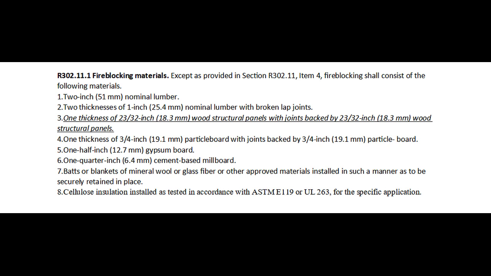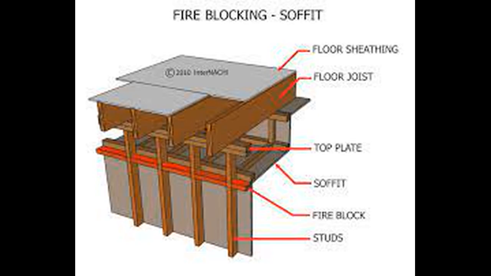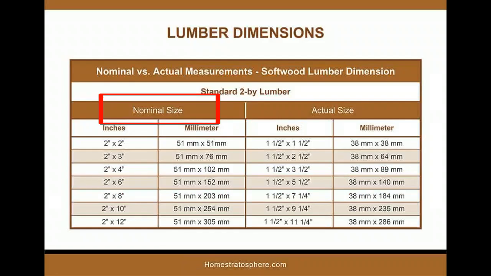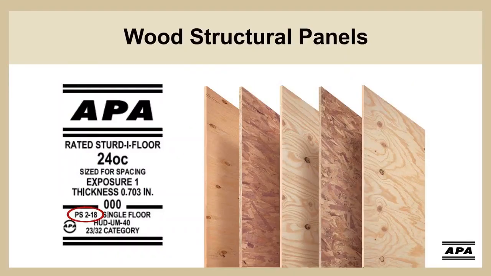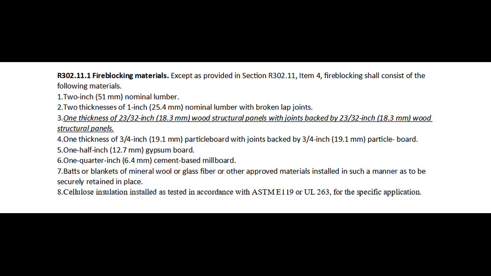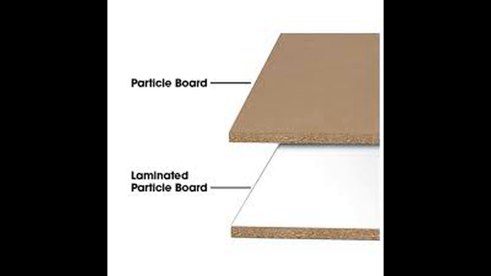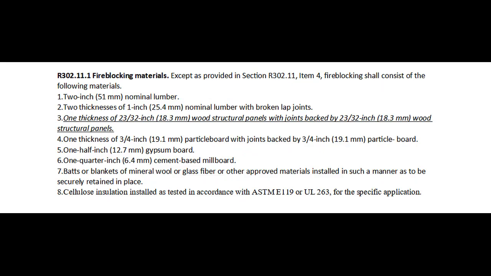R302.11.1 Fire blocking materials. Except as provided in section R302.11, item 4, fire blocking shall consist of the following materials. 1. 2-inch nominal lumber. 2. 2 thicknesses of 1-inch nominal lumber with broken lap joints. 3. 1 thickness of 23/32-inch wood structural panels with joints backed by 23/32-inch wood structural panels. 4. 1 thickness of 3/4-inch particleboard with joints backed by 3/4-inch particleboard. 5. 1/2-inch gypsum board. 6. 1/4-inch cement-based millboard. 7.